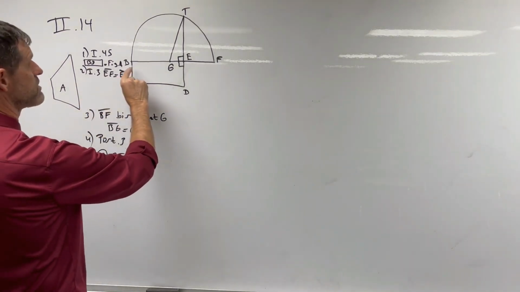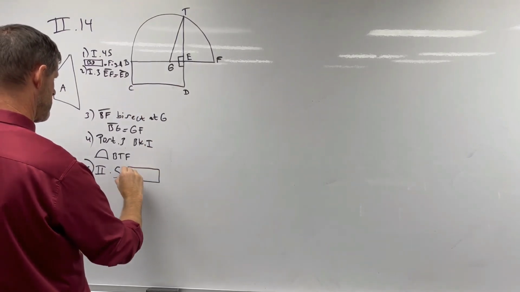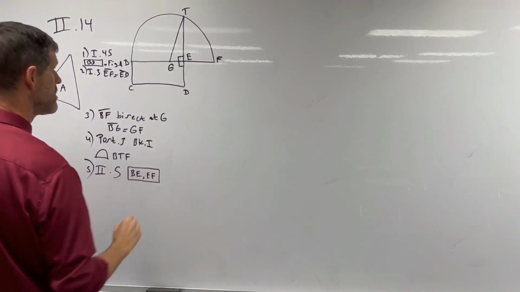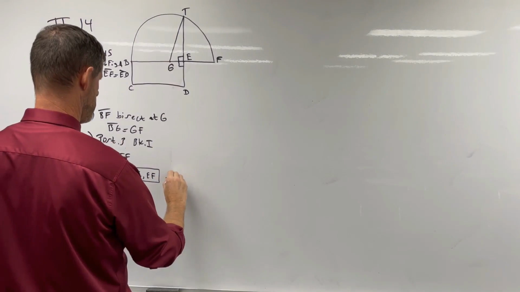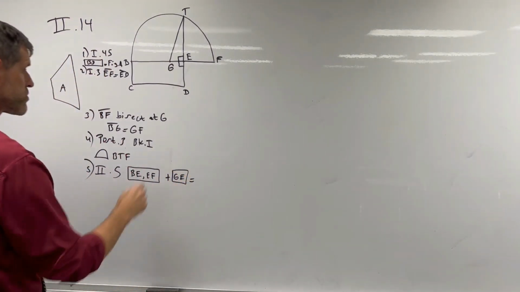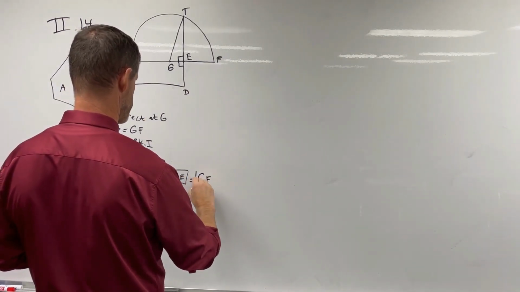So that we can say that the rectangle BE, EF plus the square on GE is equal to the square on GF.